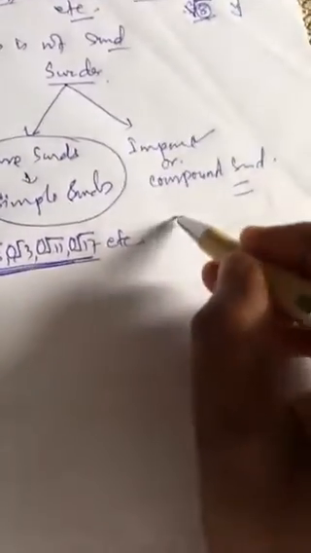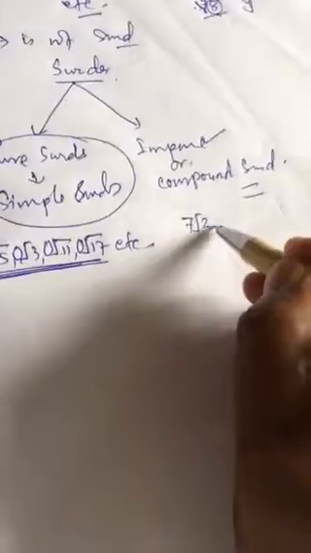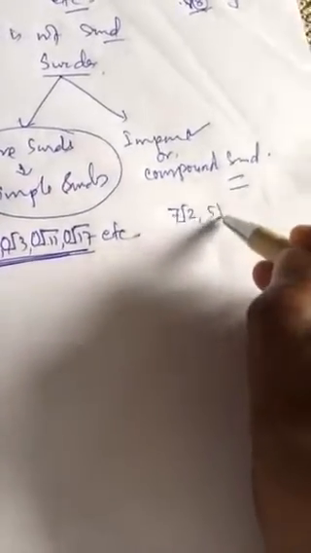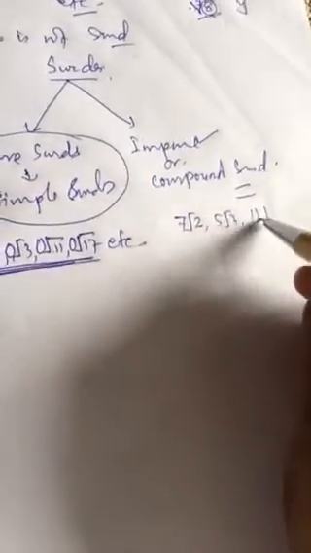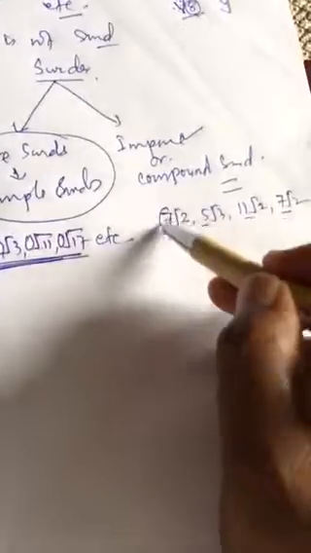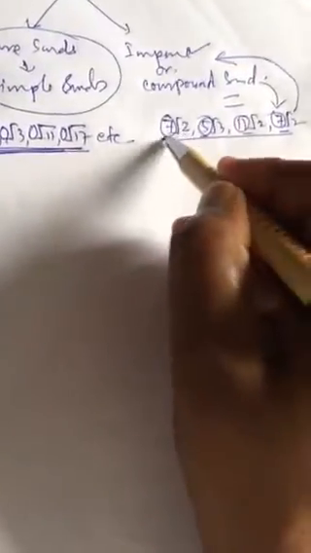And impure means the surds which have a coefficient. You see here, these all are surds with coefficients. Such surds are known as impure surds or compound surds, meaning a whole number and a surd are mixed, that's why it is called compound.